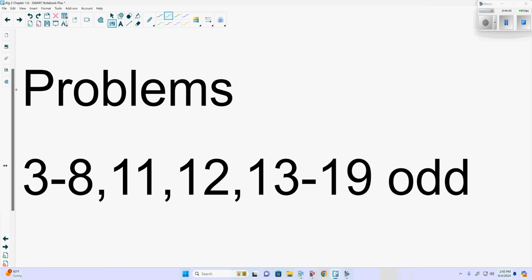There's 2 parts. State what they did wrong, so explain why they didn't get the right answer. And 2, write the correct matrix, because they're asking about the augmented matrix. 13 through 19 odd is solving the system. Okay? Thursday or Friday, one of the 2, I will give you time in class to work on those.